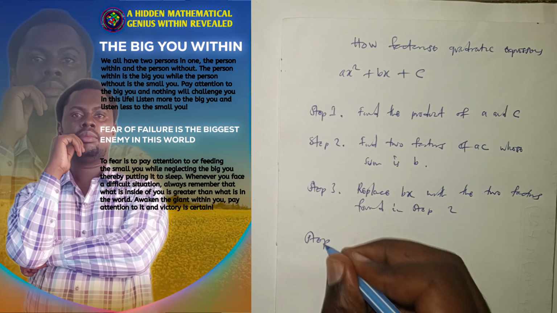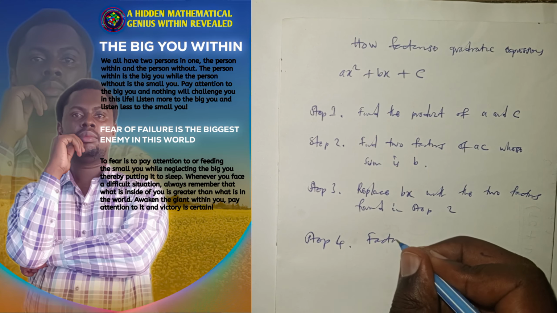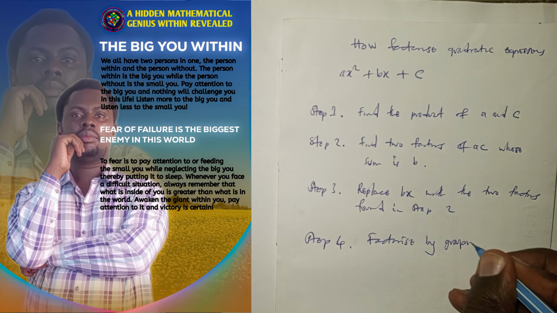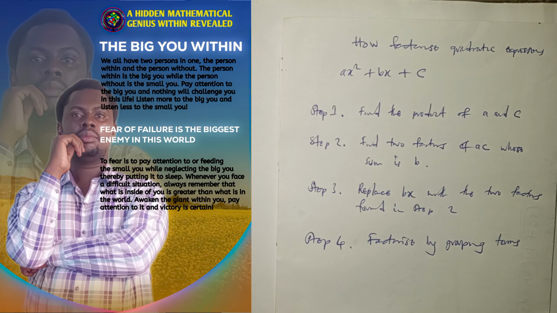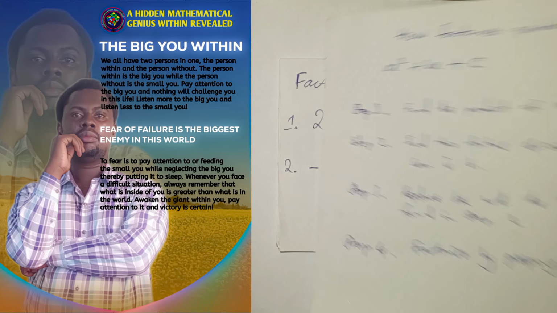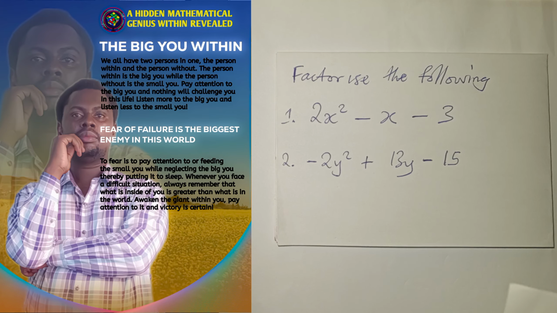Then step 4, that's the last one, factorize by grouping terms. Okay, so these are the steps which we are going to follow to factorize the two expressions there. So the first one is 2x squared minus x and minus 3. Okay, so let's start.